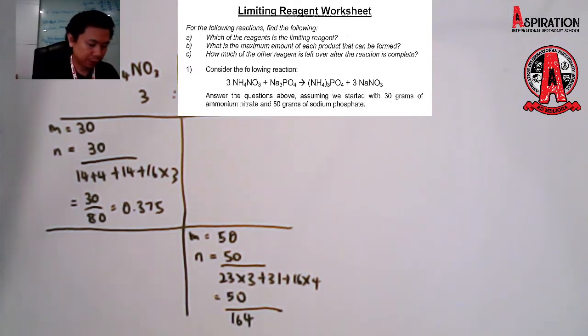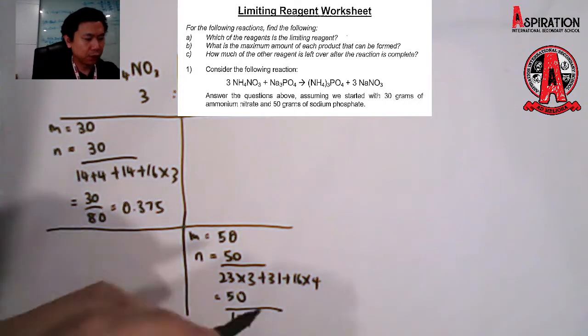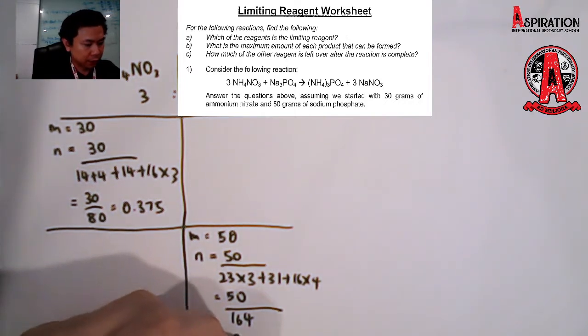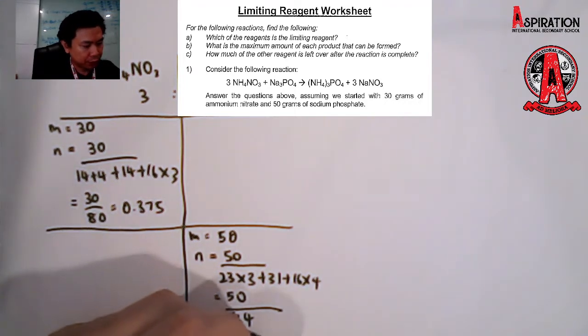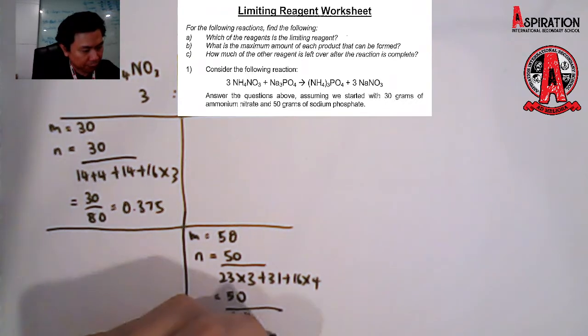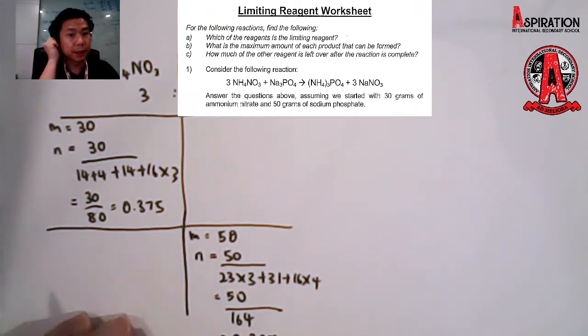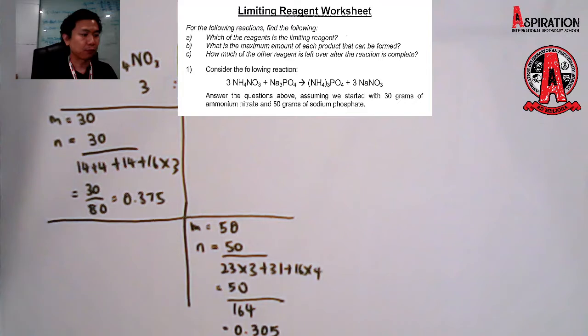So you've got 50 divided by 164, so you've got 0.305 moles of sodium phosphate being supplied. Let's double check. All right, that's correct.